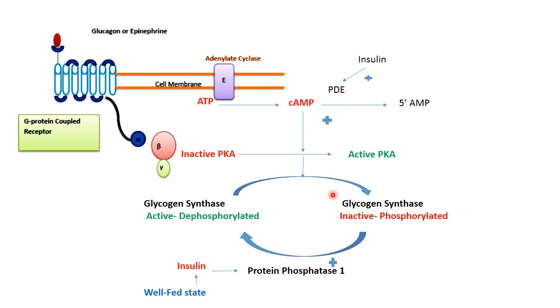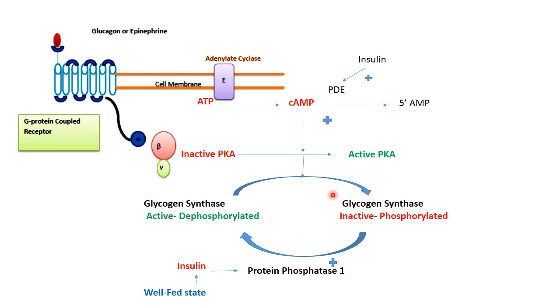So, to sum up, glycogenesis is the synthesis of glycogen from glucose, and it requires UTP and ATP and a protein that is known as glycogenin. Where does it occur? It occurs in the cytosol of liver and the muscle, but muscle can never serve as a reservoir for free glucose because muscle lacks the enzyme glucose 6-phosphatase.